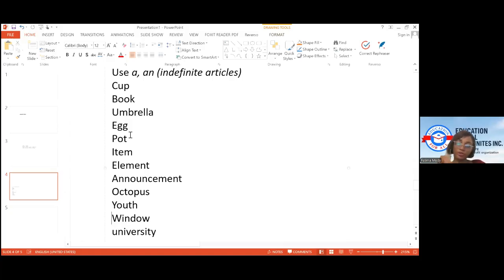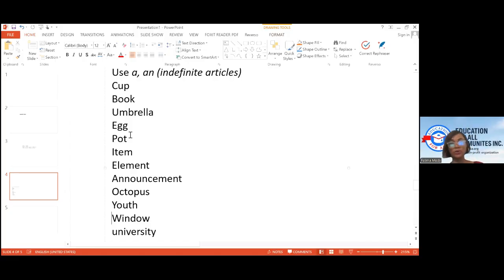If you say youth, it's plural, and if you say youths, it's plural. If you use an article in front, it's singular, a youth. If there is no article, it's a general plural, youth.